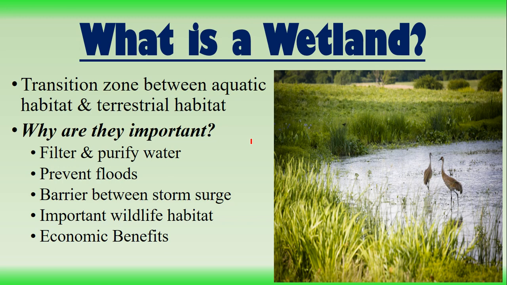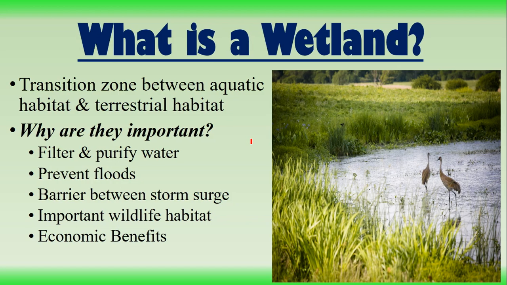Say you have a storm surge that comes up, and it blocks it so it doesn't go further inland. It's an important wildlife habitat. Sometimes these are nurseries for some fish or small animals, and there are economic benefits to them because it prevents us from losing houses to flooding. There's really a good reason to have wetlands.